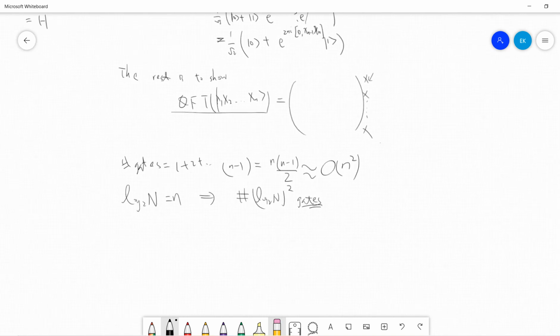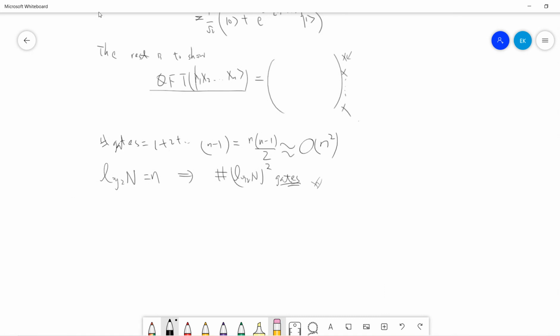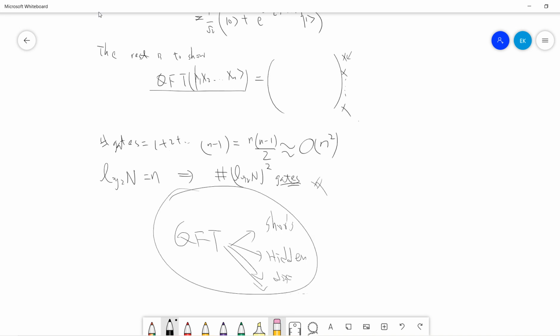Okay, so in the next video, we already introduced the quantum Fourier transform. The quantum Fourier transform can be applied in the famous Shor's algorithm, the hidden subgroup problem, the discrete log, and so many other quantum algorithms. So one can view the quantum Fourier transformation as the heart of the major quantum algorithms.